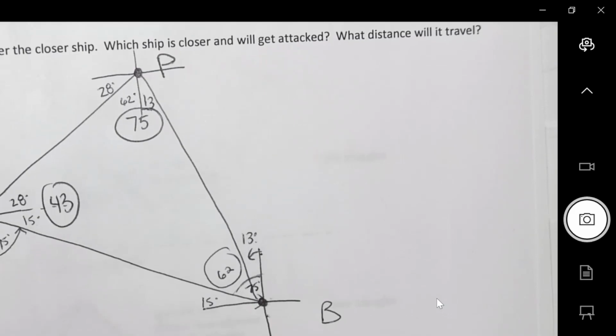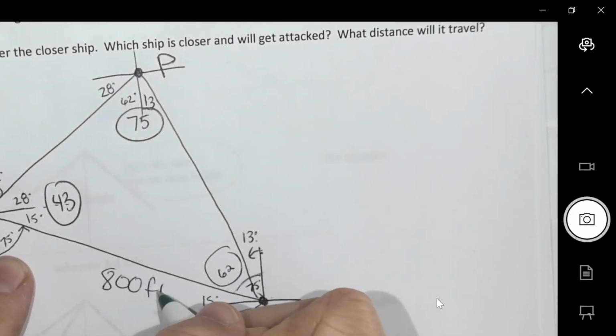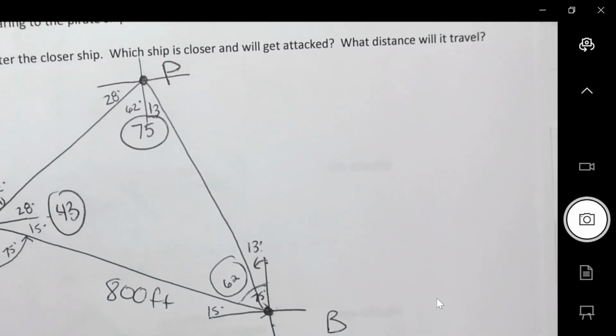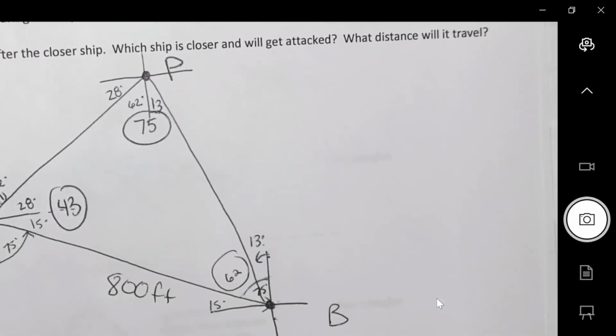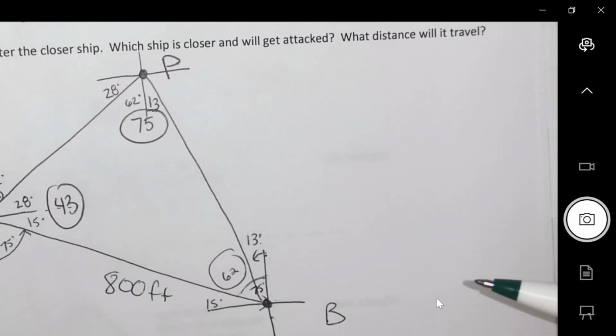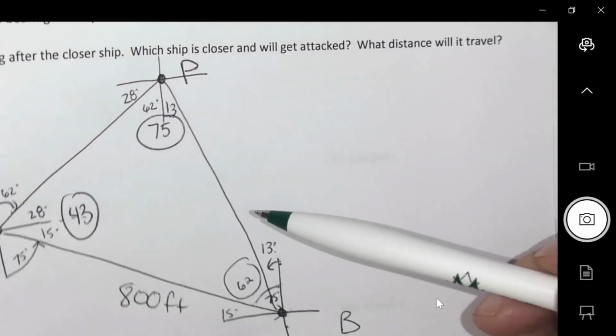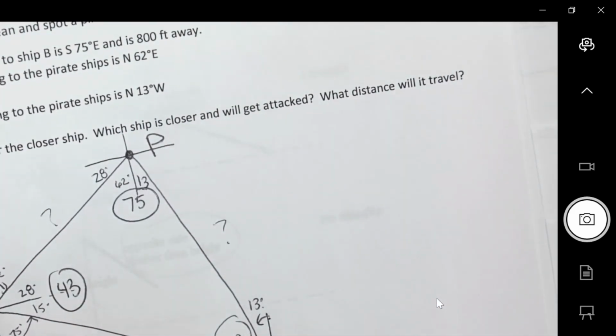Okay, we know that from A to B is 800 apart. 800 feet from A to B, that was in the given. And the pirate's going to go to the one that's closer. So which ship is closer, and then what's that distance? Which side between this side or this side will be a smaller number?